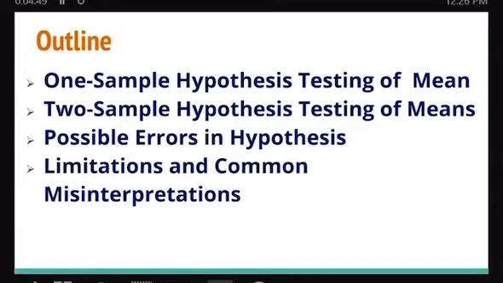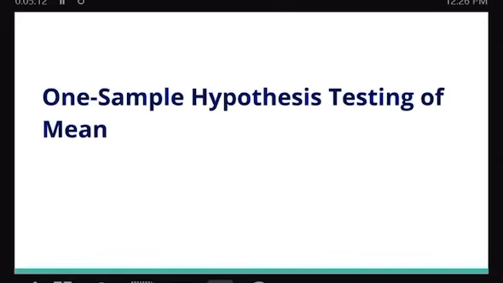The other time we focused on proportion on Wednesday, but right now I want to focus on mean, and I'm also going to show you possible errors in hypothesis testing because we could have some errors. So we're going to discuss that. Then we're going to discuss limitations and common misinterpretations. Okay, so let's get started with one sample hypothesis testing for mean.